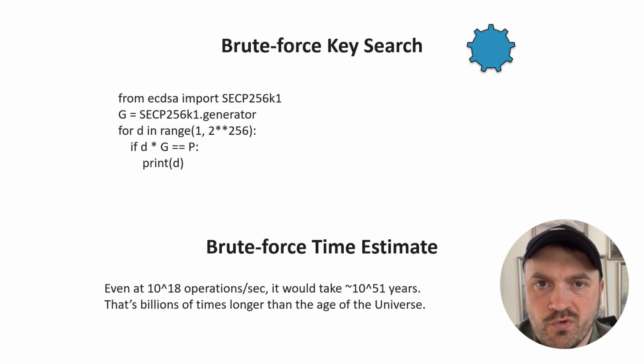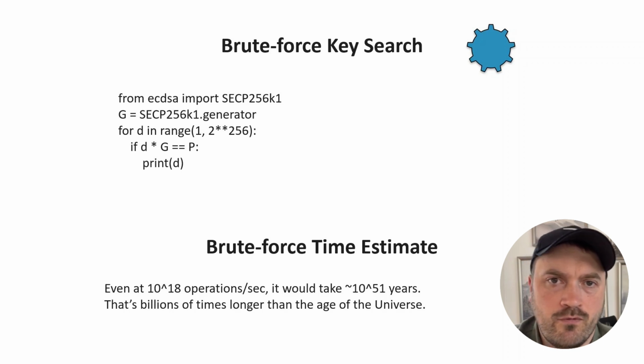Let's imagine we have supercomputers. Suppose we have 1 billion, 10 to the power of 9, powerful computers. Each performs 1 billion, also 10 to the power of 9, checks per second. In total that gives us 10 to the power of 18 operations per second.